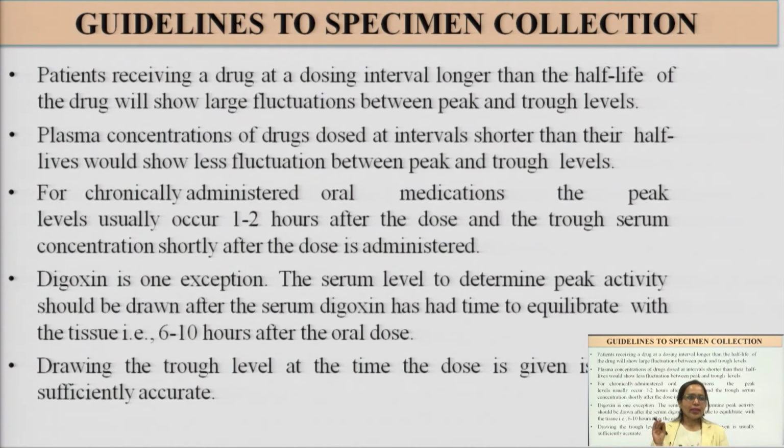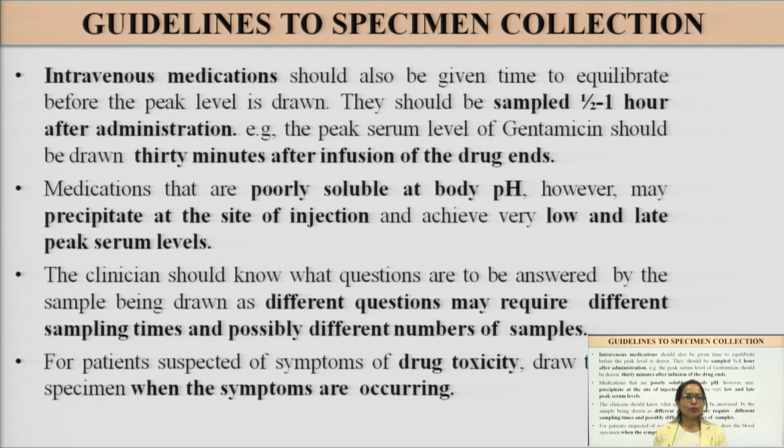Digoxin is one of the exceptions. The serum level to determine peak activity should be drawn after digoxin has had time to equilibrate with the tissue, 6 to 10 hours after the oral dose.